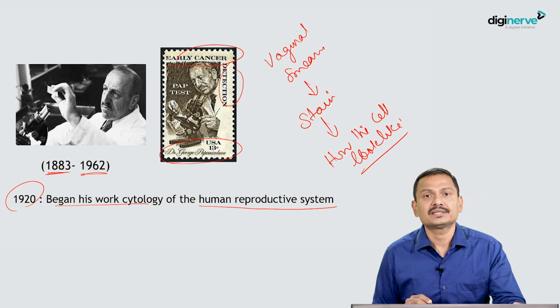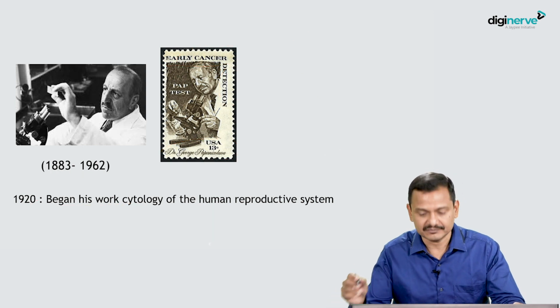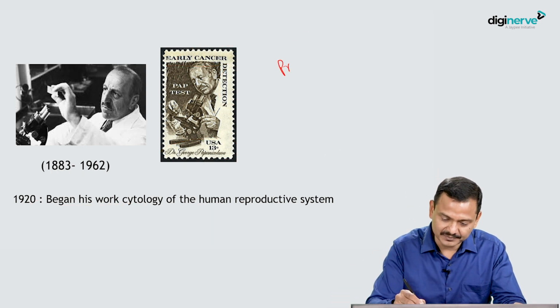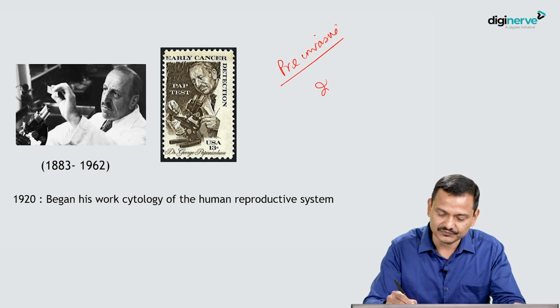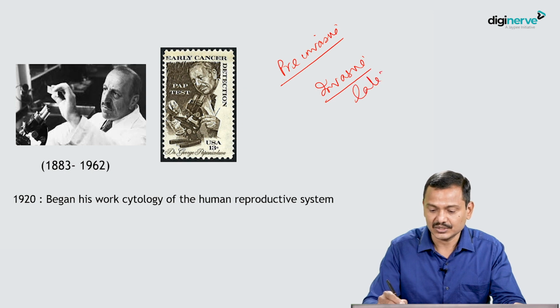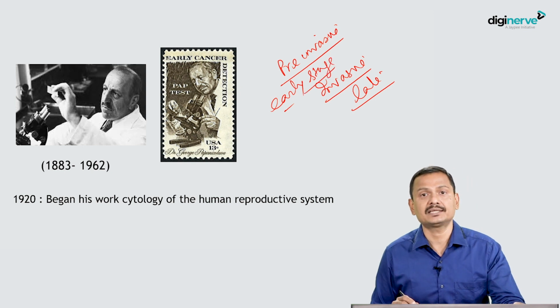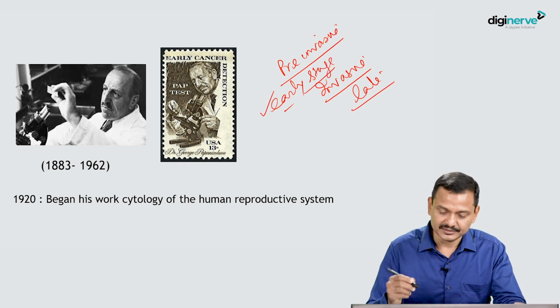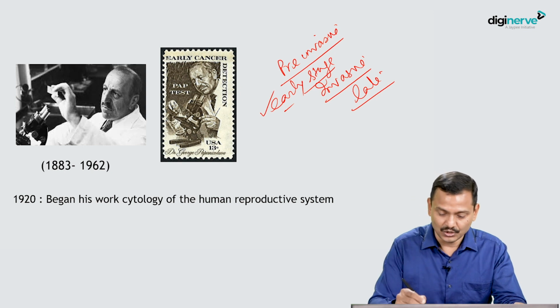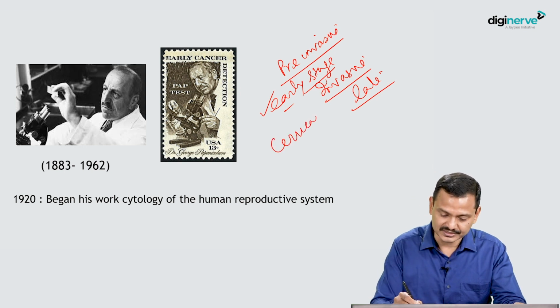Any cancer can have two stages, one is pre-invasive or early stage and one is invasive. Okay, so invasive is the late stage whereas pre-invasive is the early stage. So he is the person who is credited to have done this early stage detection of cervical cancer.